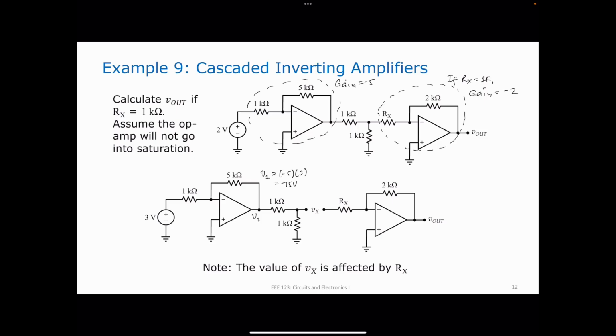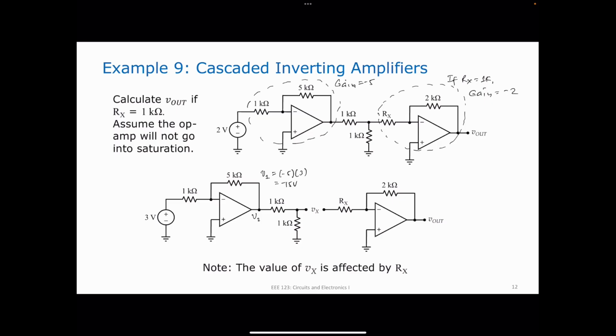If that is the case, what is Vx? Notice that I just have here a voltage divider. If nothing is connected to Vx, then effectively these two are in series and I have a voltage divider.